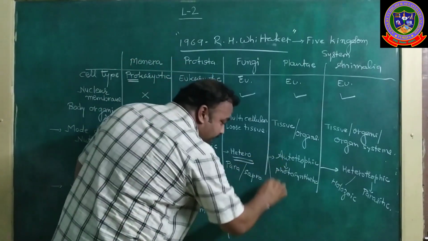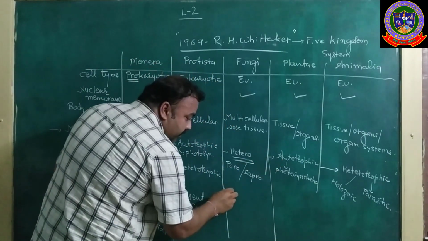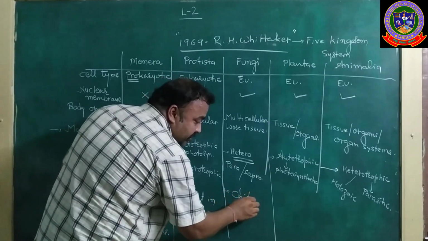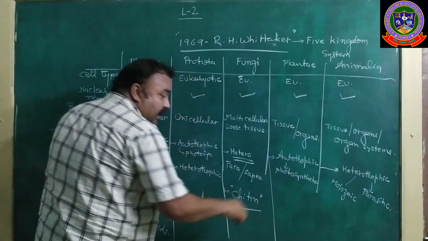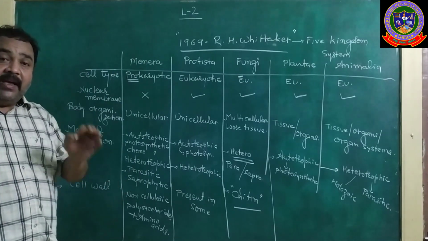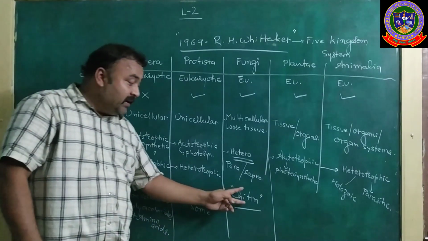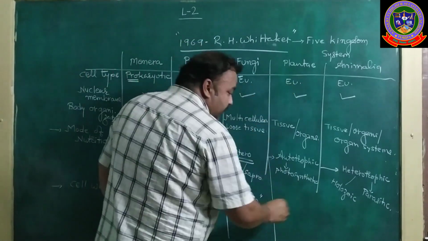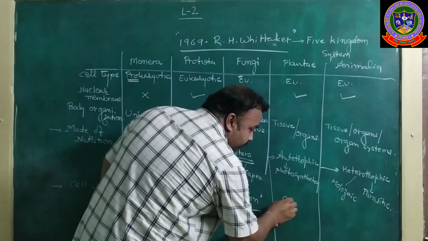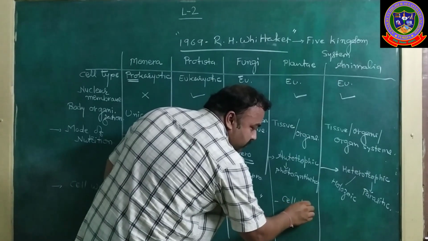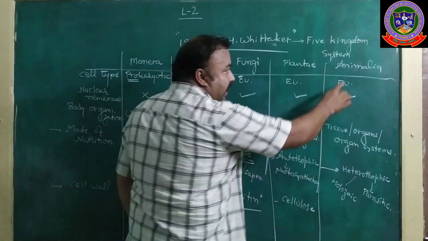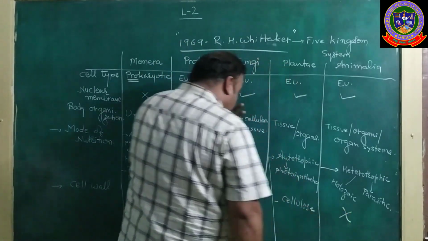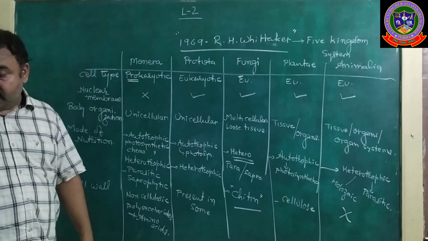In fungi, the cell wall is present, and it is made up of chitin. In Plantae, the cell wall is made up of cellulose, whereas in kingdom Animalia, the cell wall is completely absent.